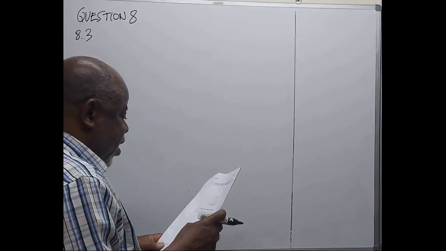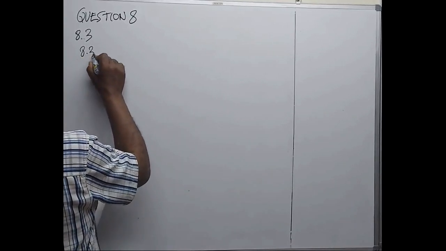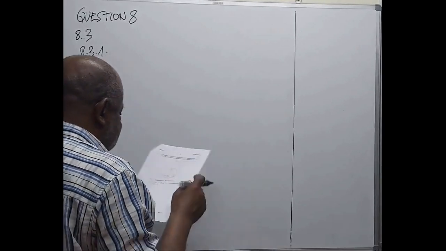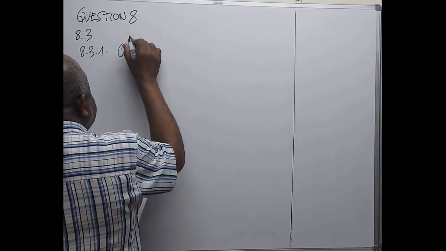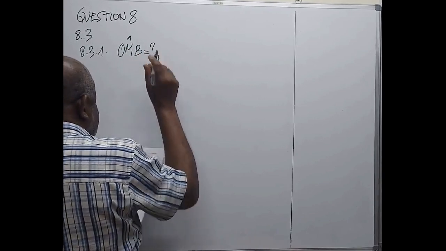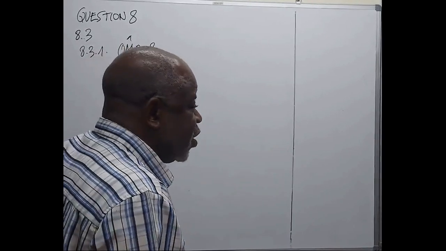Now, the first question is 8.3.1. Write down the size of OMB. Provide a reason. That is the first question, 8.3.1.